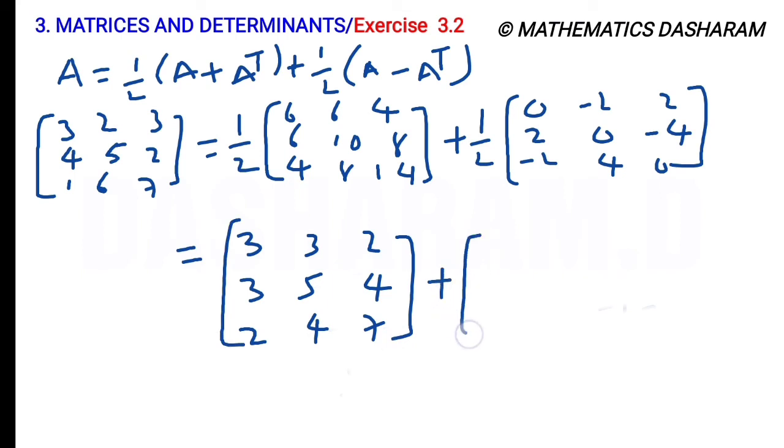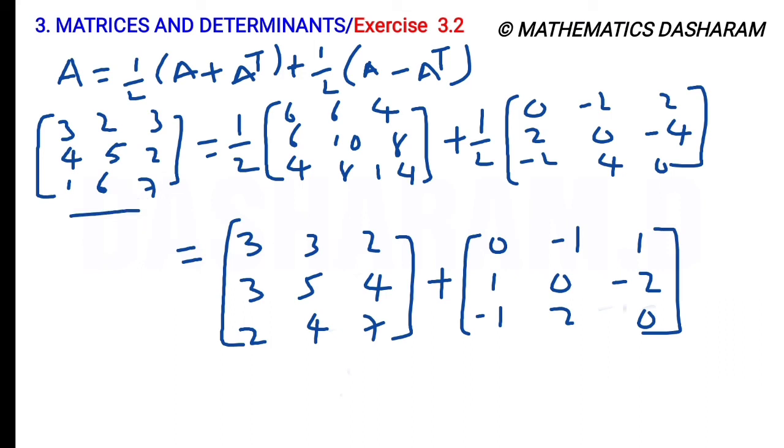Plus 1 by 2 multiplied inside: 1 by 2 into 0 is 0. 1 by 2 into minus 2 is minus 1. 1 by 2 into 2 is 1. 1, 0, 1 by 2 into minus 4 is minus 2, here minus 1, 1, sorry, here it is 2, 0. So now the given matrix is expressed as a sum of the symmetric and skew symmetric matrices.